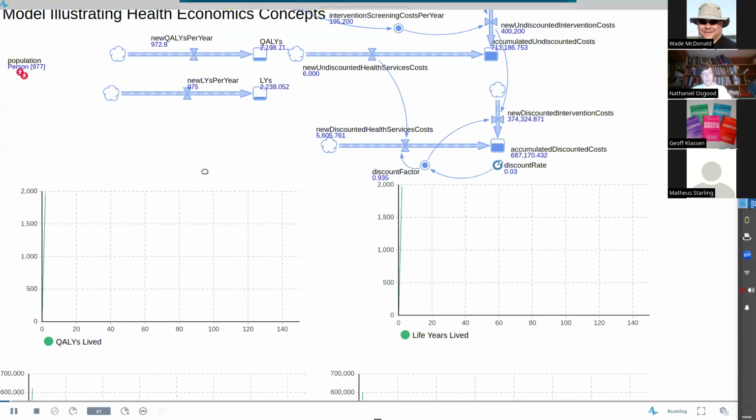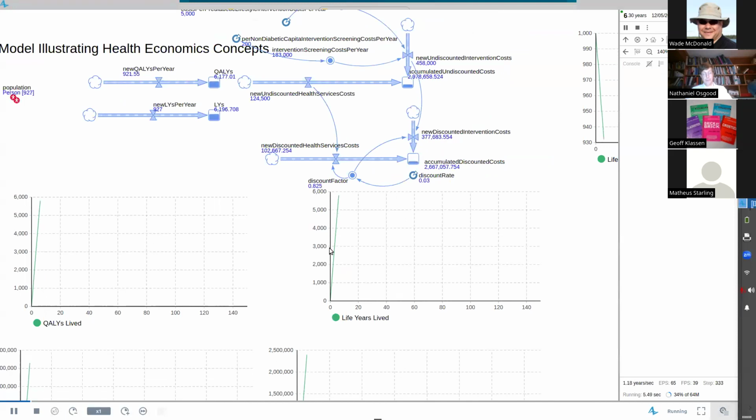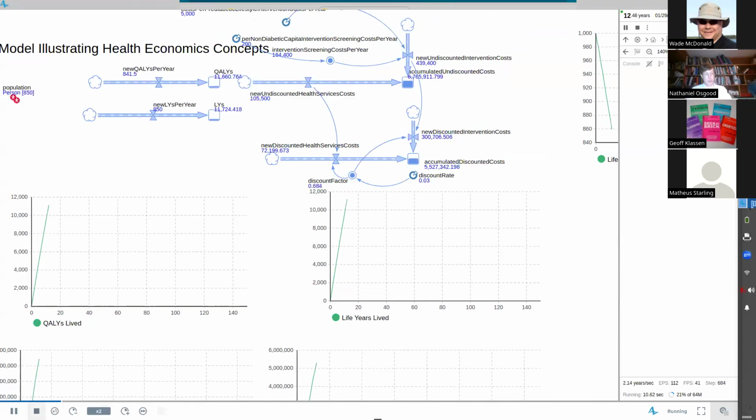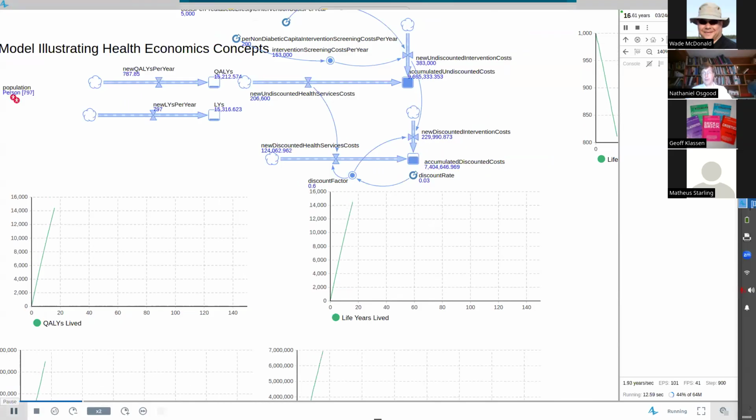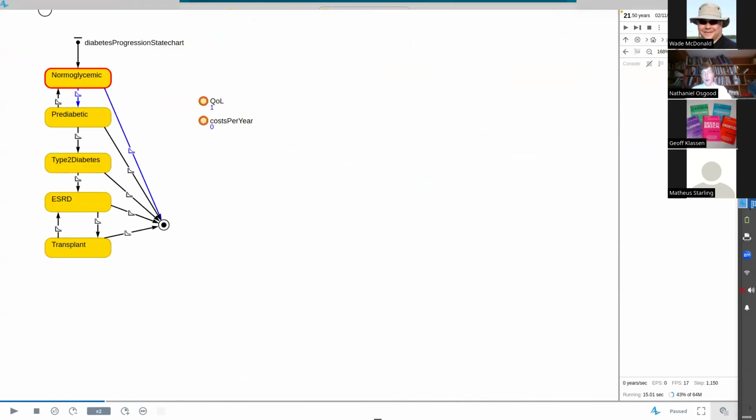Okay, so here we go. Here we have an accruing of states. You'll notice the model is running rip snorting fast compared to previously. And I will just highlight, we have these individuals in these different states.